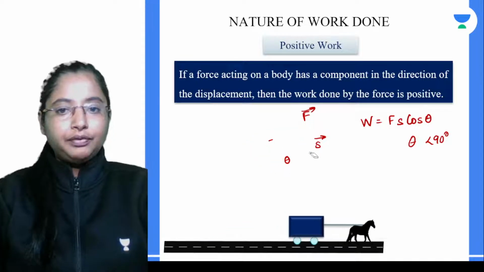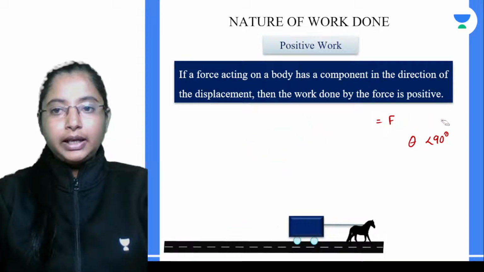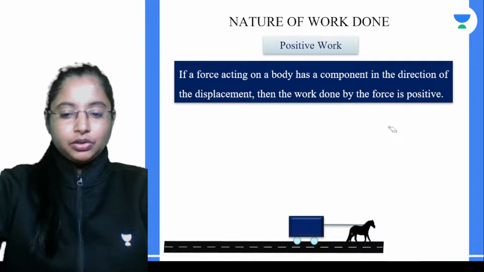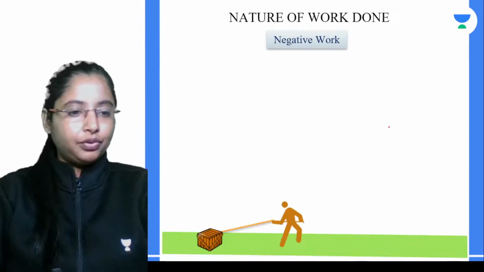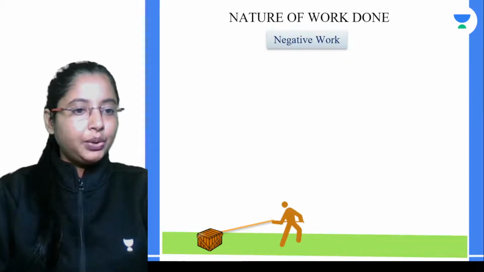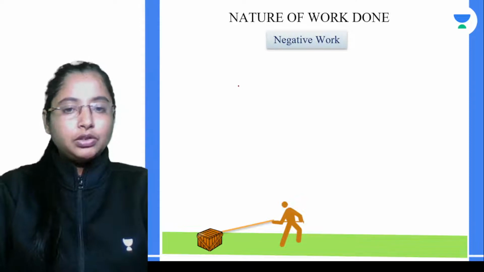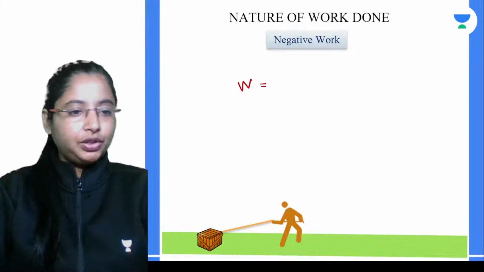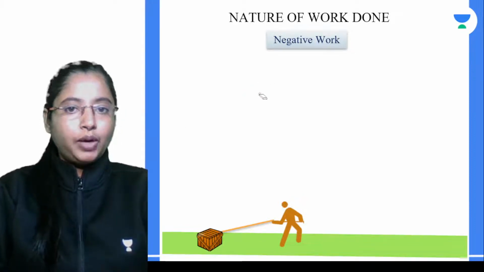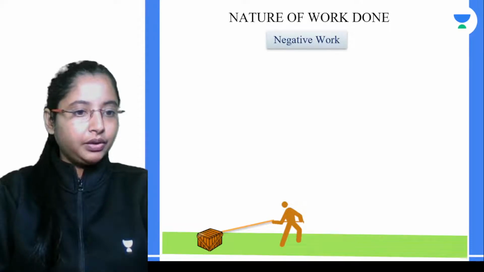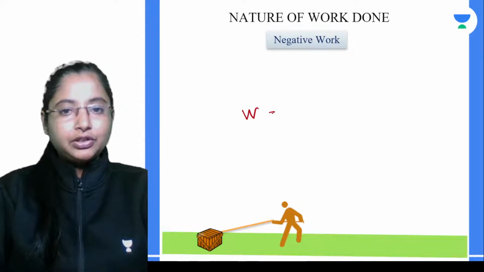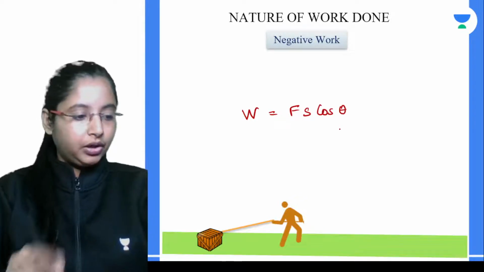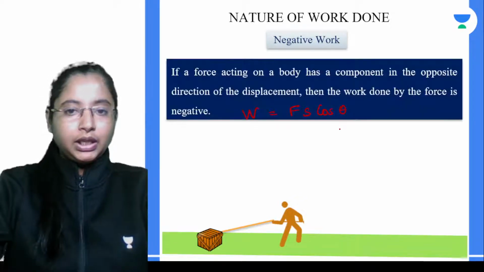Now, if this is positive work, then what about negative work? Very simple: when can work become negative? We have this equation where work done is equal to Fs cos theta. Think about it.